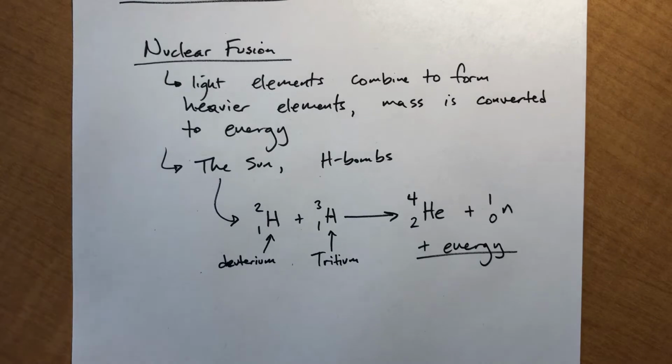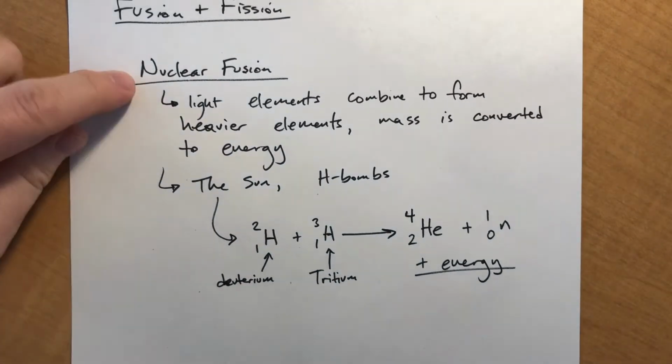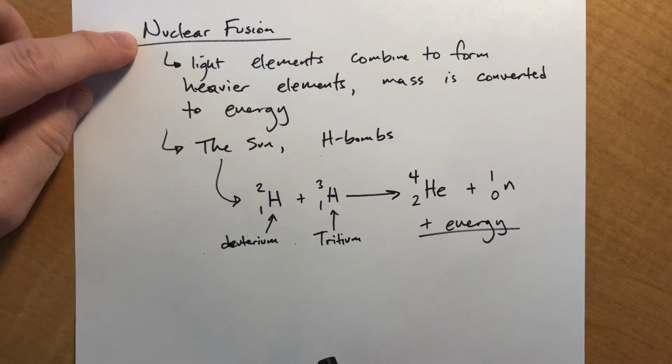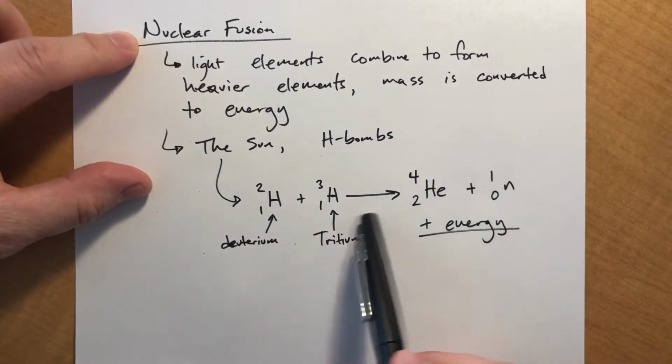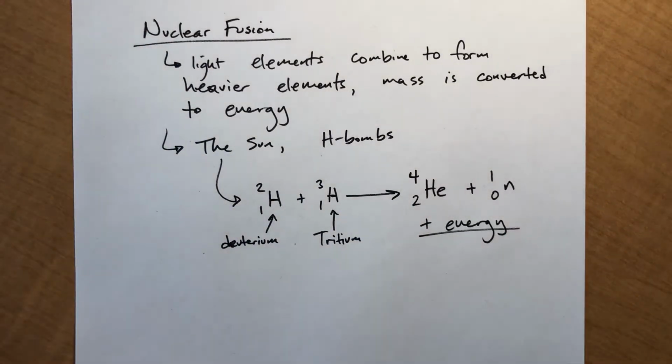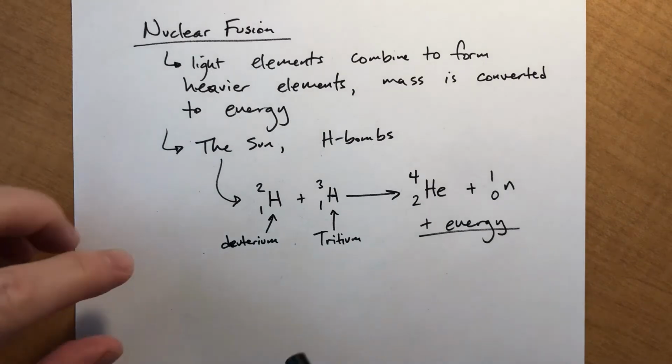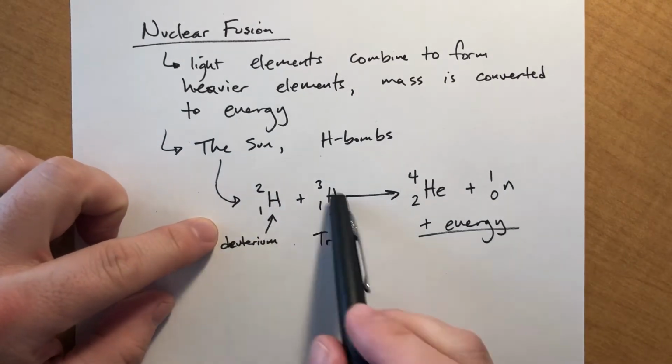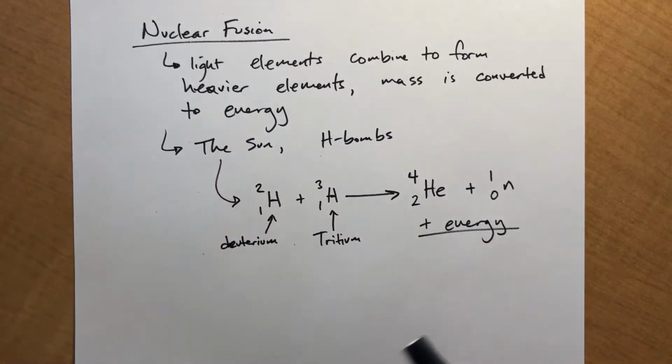So the reason nuclear power tends to not use fusion as an option is the temperatures required for this. I don't remember the exact number. I want to say it's like 43,000 degrees Kelvin, some stupid high number that would basically melt any material that we could have. These types of temperatures only really occur in stars.